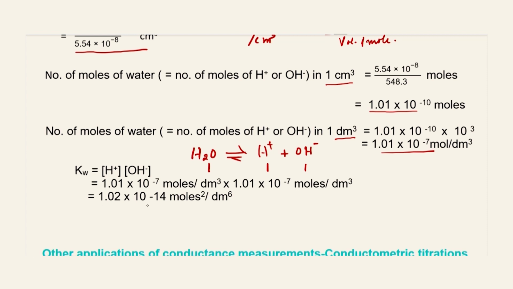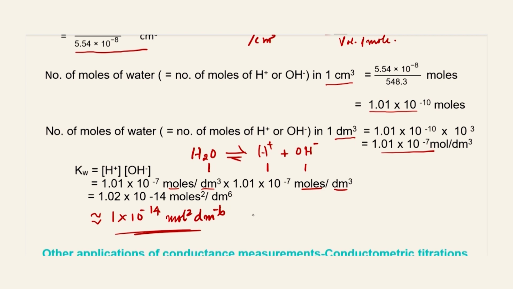1.02 into 10 to the power minus 14 moles square per decimeter raised to 6, because here we have moles multiplied by moles, it becomes square, decimeter cube times decimeter cube becomes decimeter raised to 6, or approximately we usually write it as 1 into 10 to the power minus 14 mole square decimeter raised to minus 6.